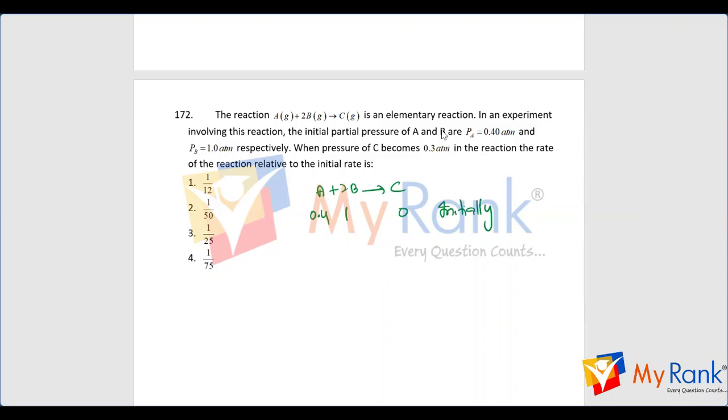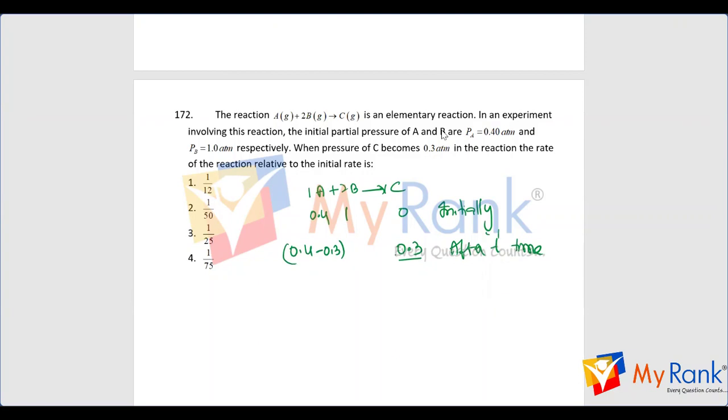When the pressure of C becomes 0.3 after time t, 1 mole of A gives 1 mole of C. So 0.3 of C formed means out of 0.4, 0.3 has already reacted, leaving 0.1.